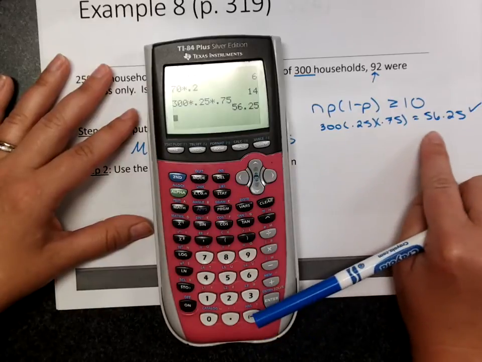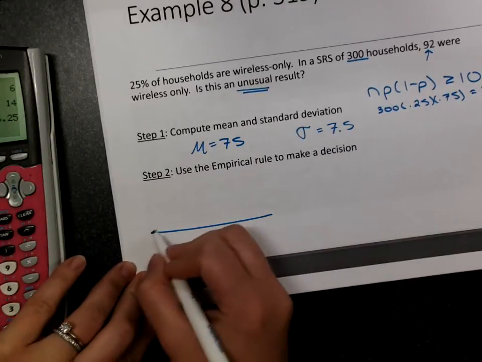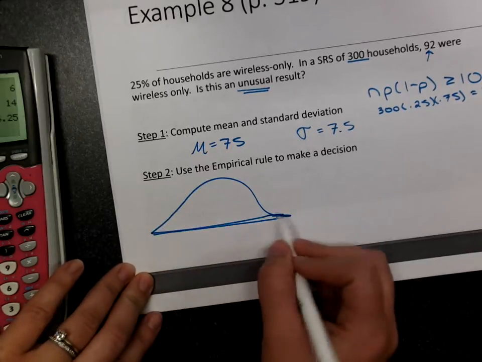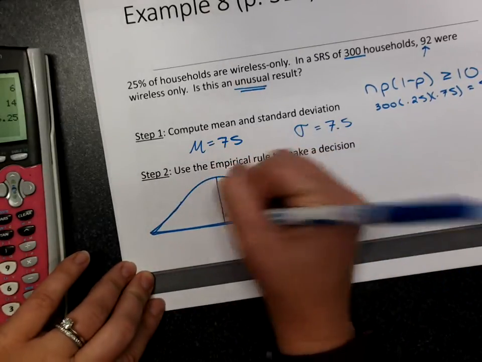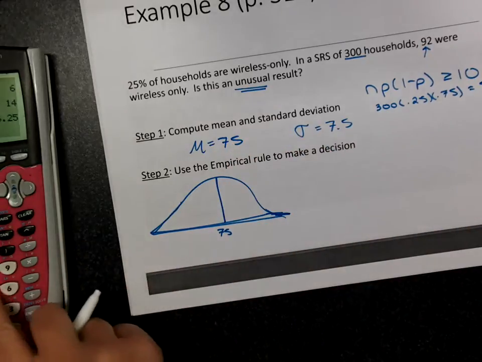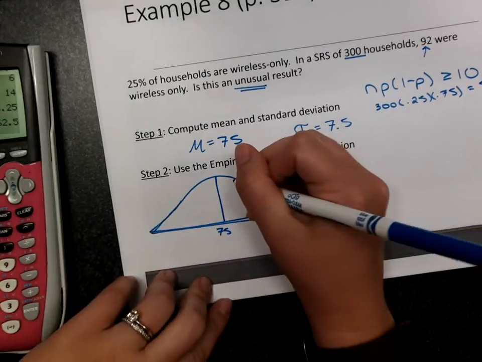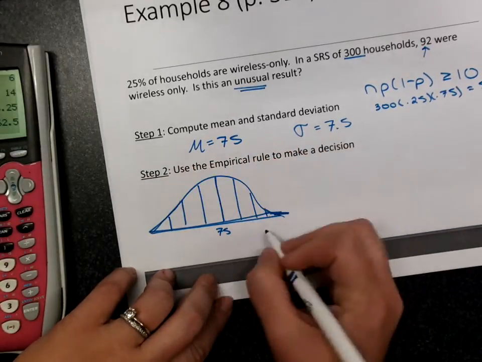Because that is true, I can draw a bell curve now. I know that my histogram is going to look roughly bell-shaped because of my large sample size. So I know that my mean is about 75, my expected value, and I can draw 3 standard deviations to the right and 3 standard deviations to the left.